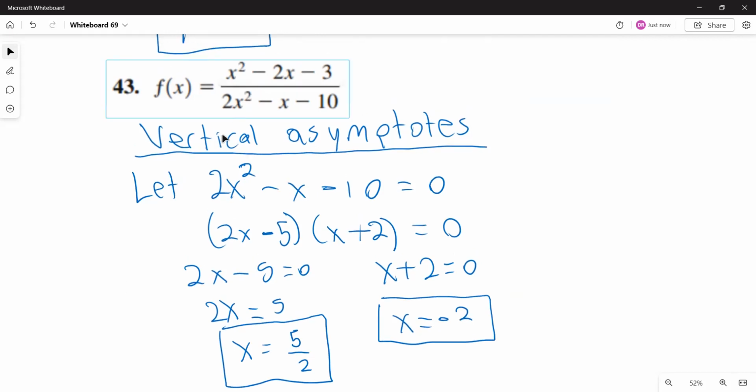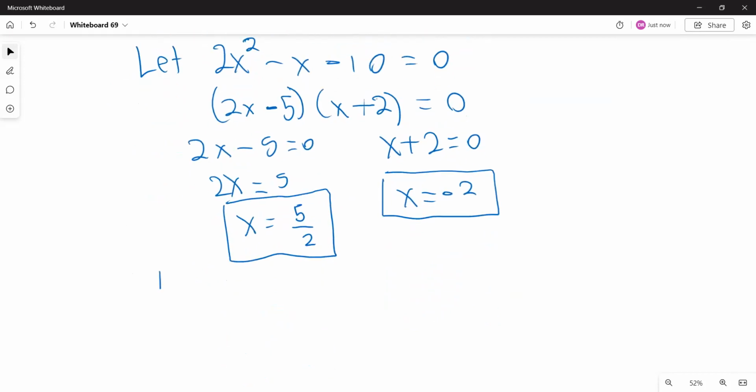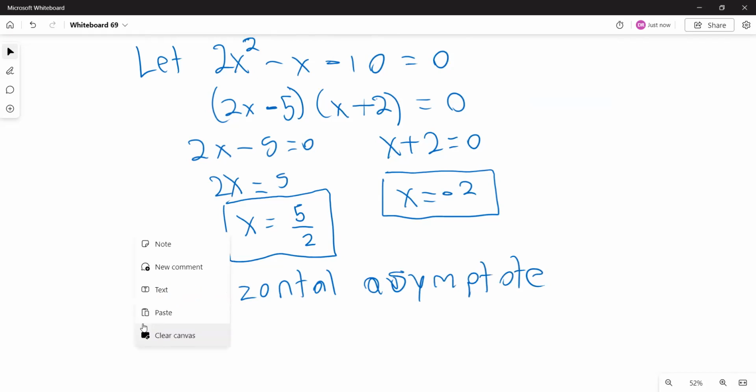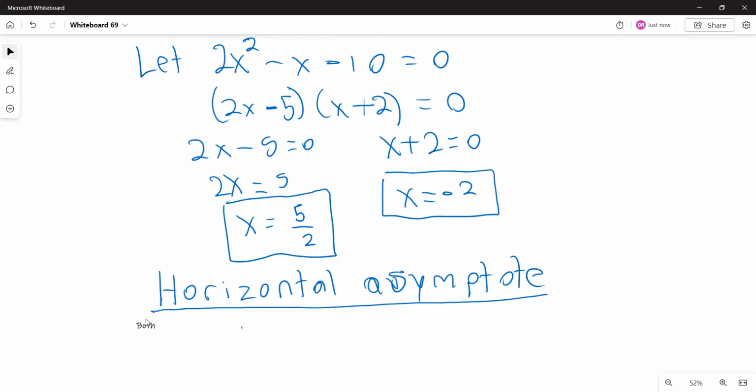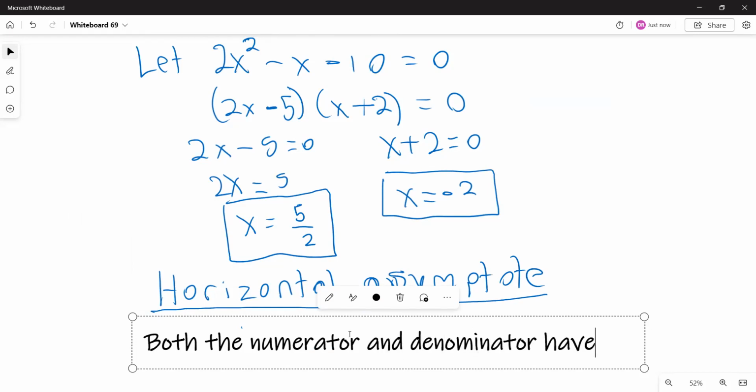Both the numerator and the denominator have the same degree, degree 2.